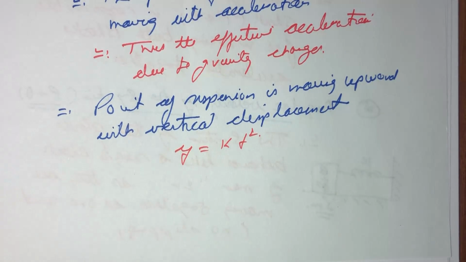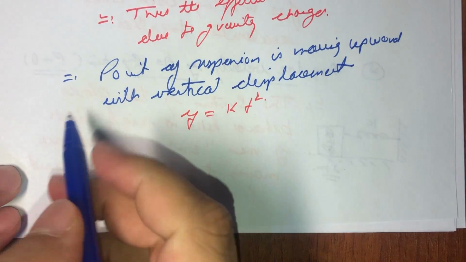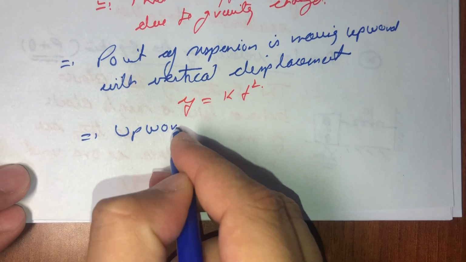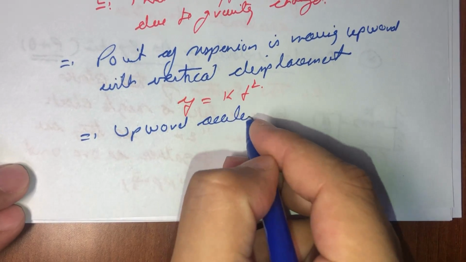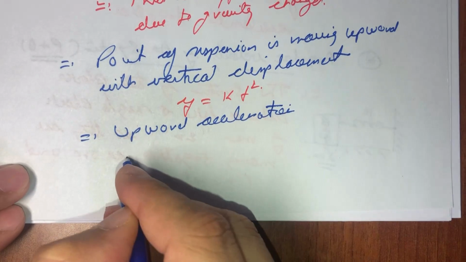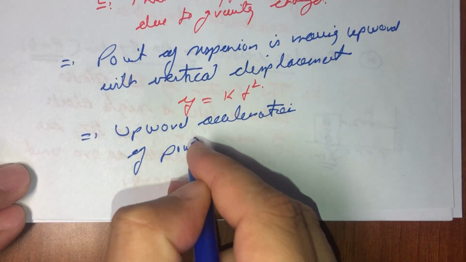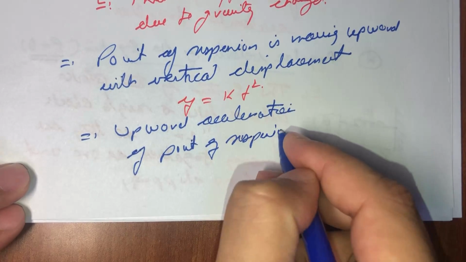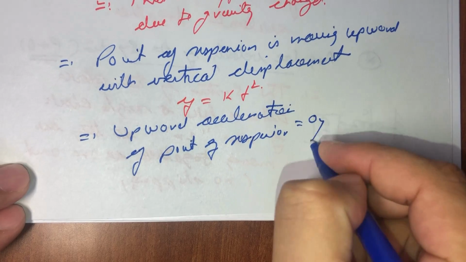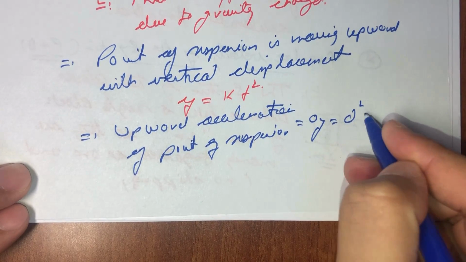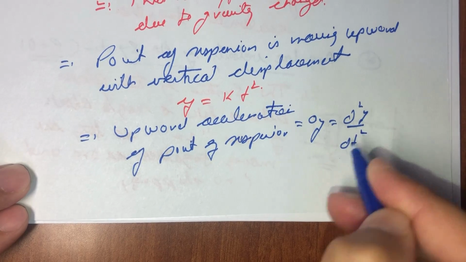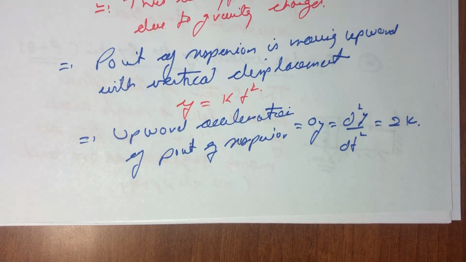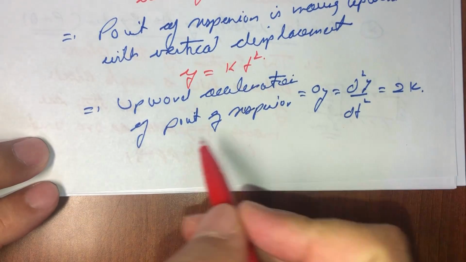So the upward acceleration of the point of suspension, let us suppose is given as ay, will be equal to the double derivative of y with respect to time t, and this will be equal to 2k, and k is given as 1 meter per second square.